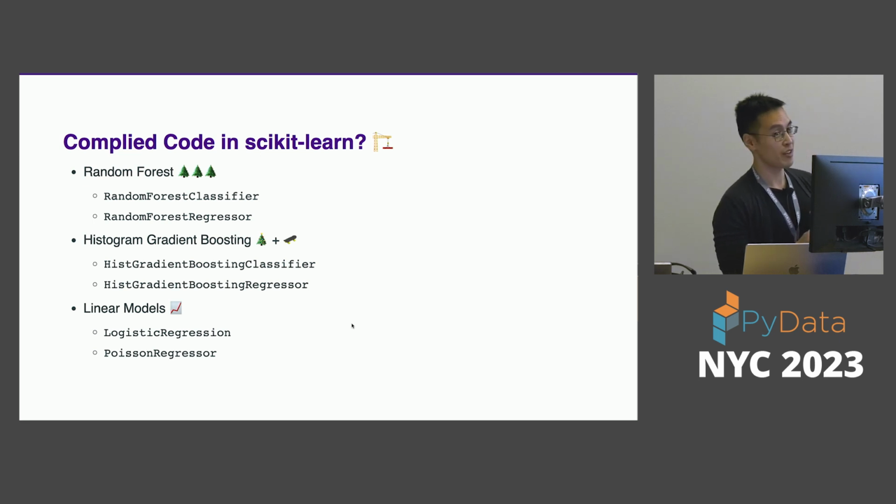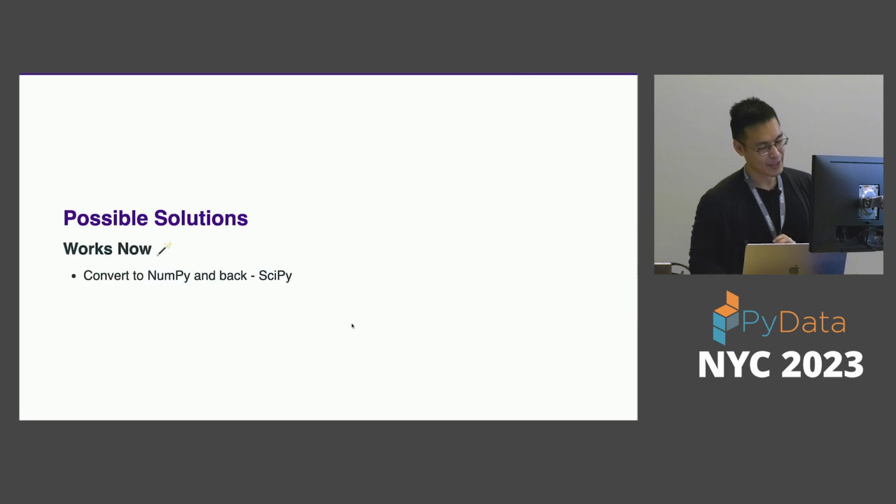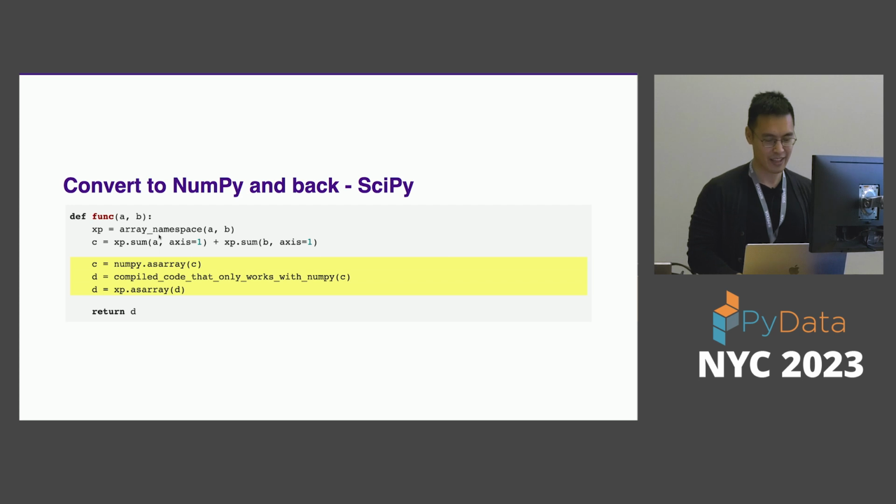We've been thinking about workarounds for this. The solution that works now, and that SciPy has implemented, which only works on CPU arrays, is to convert to NumPy and then go back. What this looks like is, let's say you do some array API code up above.